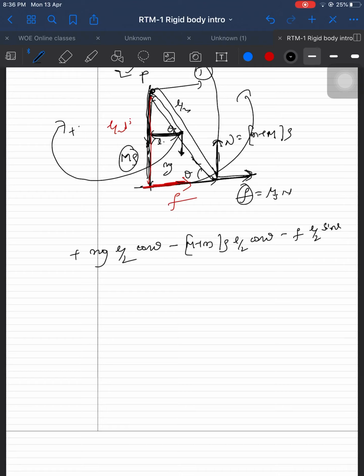Mu s into N. If we simplify it, mg into L by 2 cos theta minus (M plus m) into g into L by 2 cos theta minus f, where f is equal to mu s into N, is equal to (M plus m) into g into L by 2 sin theta. Net torque is equal to 0.